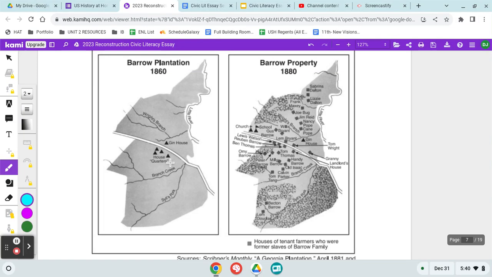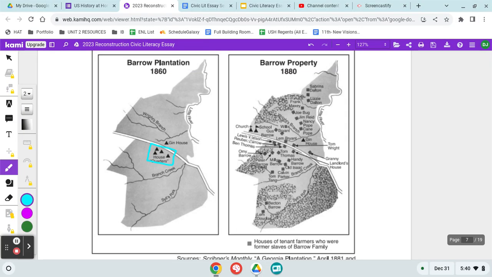Circumstances of the enslaved at the beginning of the Civil War, at the end of the Civil War. The enslaved were kept in tight, packed quarters on the plantation lands, right? They were forced to live together. They are all living very close to one another.